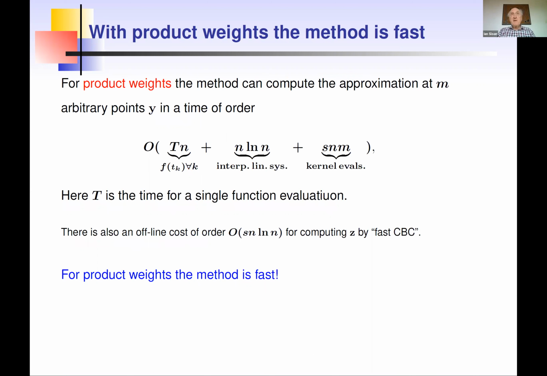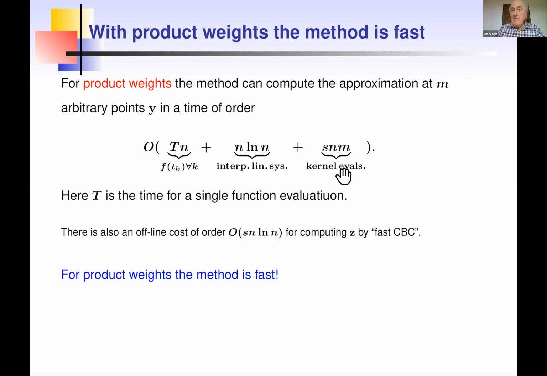And for product weights, the method is fast. The method can compute the approximation at m arbitrary points in time of order... Well, you need to find your function values at n points. t is the time for a single evaluation. A linear system, remember, is n log n.